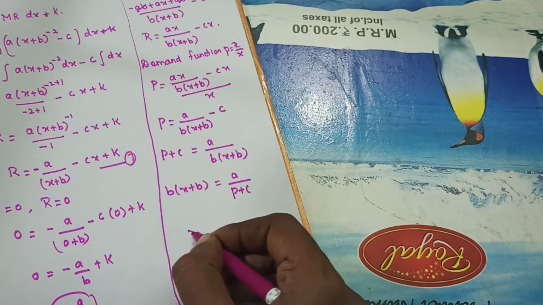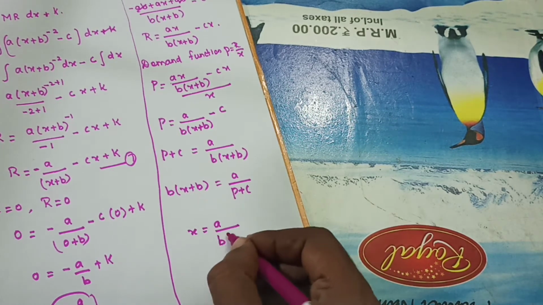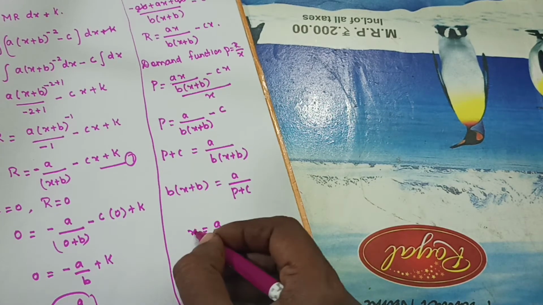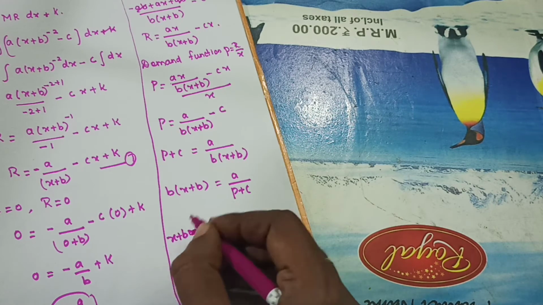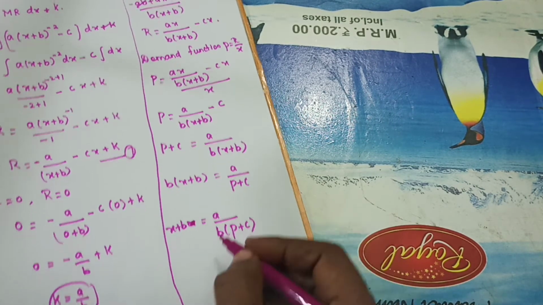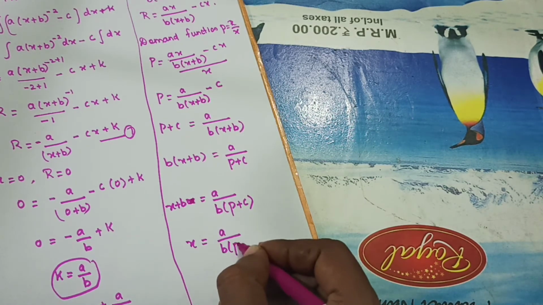So x is equal to a by, bring this b to here. So b into p plus c. Is it right? If you need, you can write one more step. So x plus b is equal to a by b into p plus c.